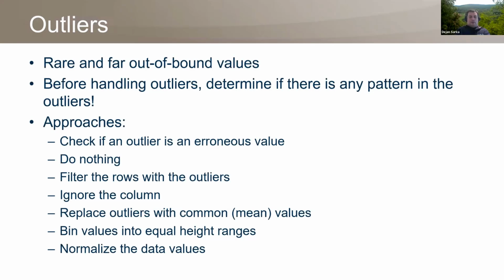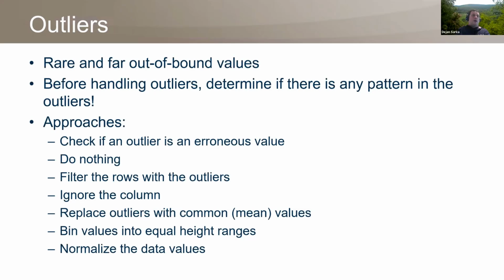Maybe again filter rows, ignore columns, replace outliers with means, or, this could be useful, discretize a continuous variable into a new variable, and these outliers, for example people with very high income, are hidden in the last class of the new discrete income variable. Or you can use some technique for data normalization.